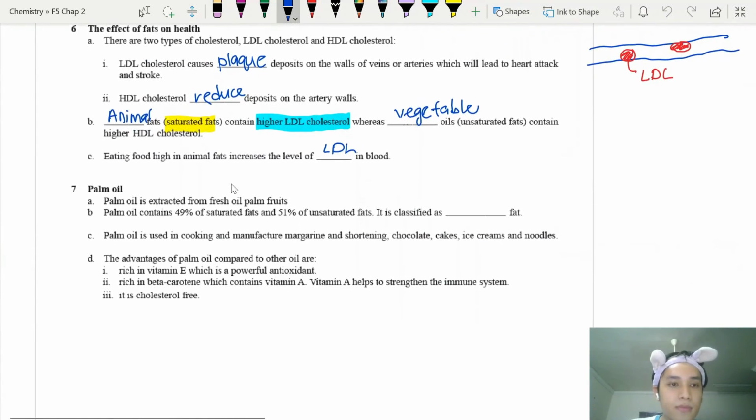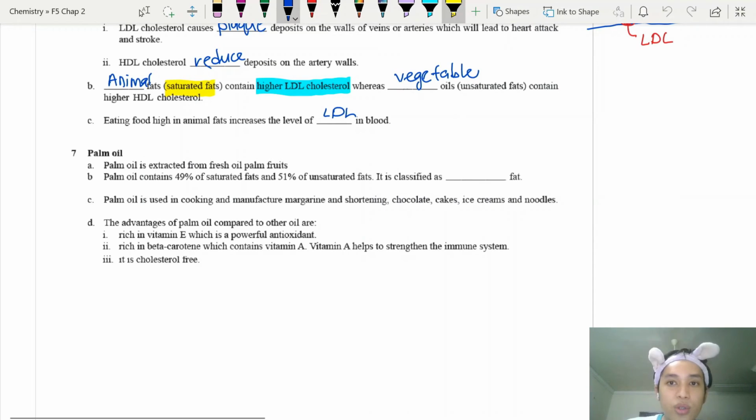Palm oil. You need to know palm oil because Malaysia is rich in palm oil. Basically, palm oil is from the fruit. If you see here, they contain 49% saturated fat and 51% unsaturated fat. Since it has more unsaturated fat molecules, palm oil is considered an unsaturated fat.